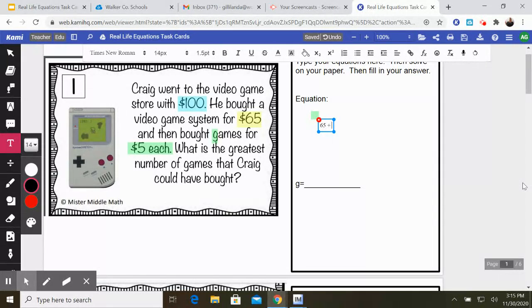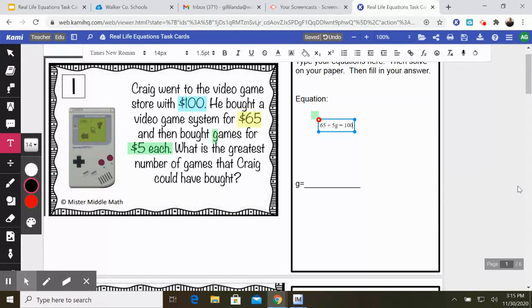But I do know that he spent $5 on each game, whatever he bought, $5 each time. Then I have an equal sign, and he has $100, so he can't spend more than $100. So my equation is 65 plus 5g equals 100. Of course, it doesn't matter if it says 5g plus 65. That's the same thing. It doesn't matter how the order you put it in.